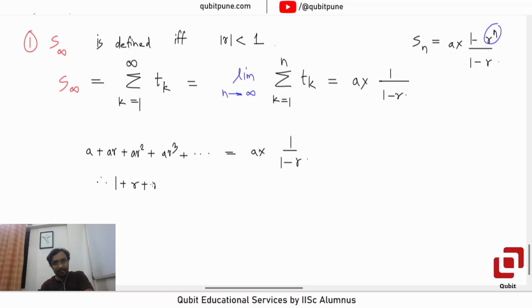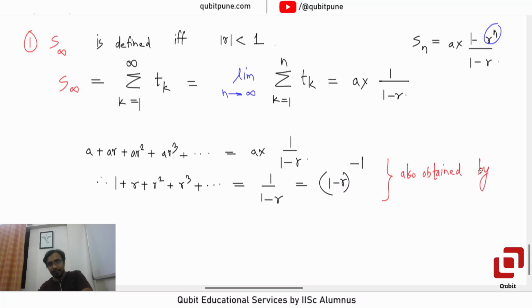We are getting 1 plus r plus r squared plus r cubed and so on. And that is actually 1 upon 1 minus r, or 1 minus r raised to negative 1. Now we can also get this using binomial theorem. We have done that. It is also obtained by binomial theorem.